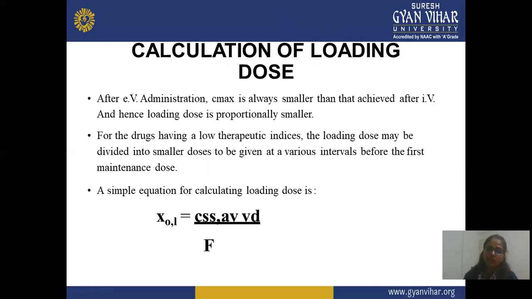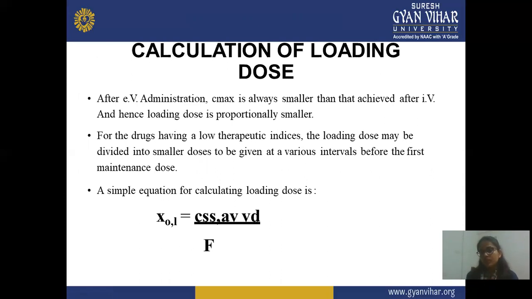Next is the calculation of this loading dose, which is a very important parameter in this pharmacokinetic model. After extravascular administration, meaning not by the IV route but by the oral route or any other route, Cmax is always smaller than that achieved by the IV route, hence the loading dose is proportionally smaller.